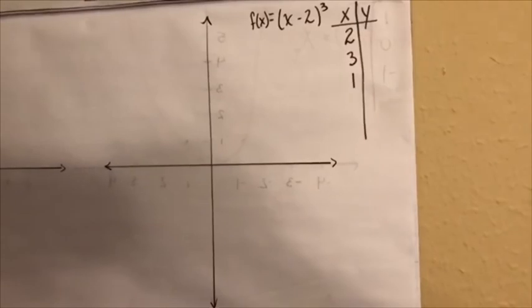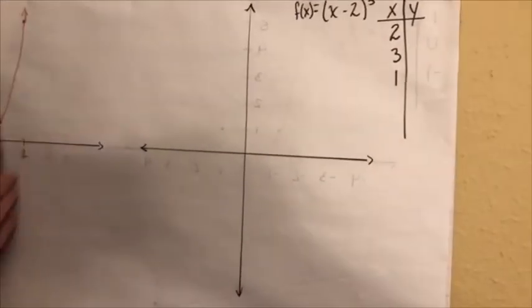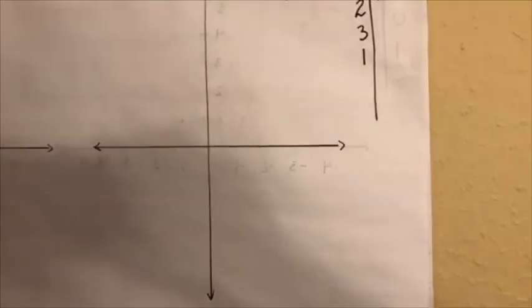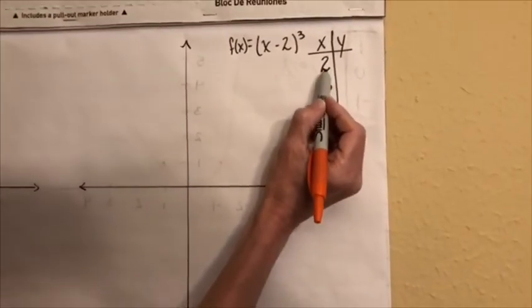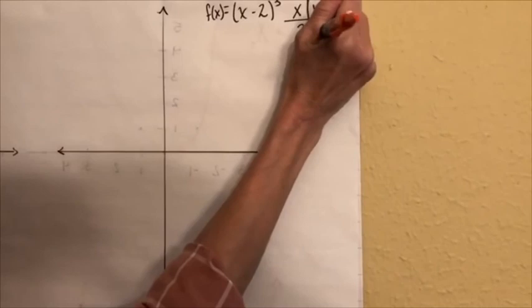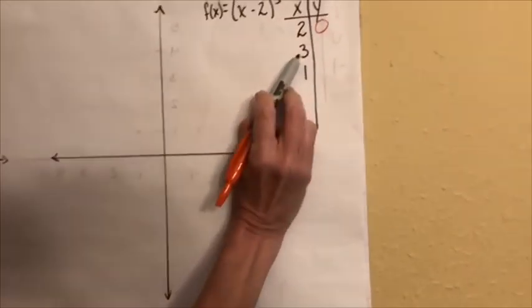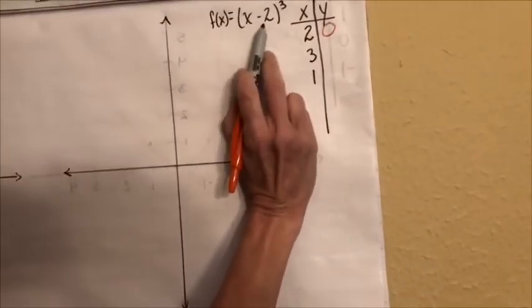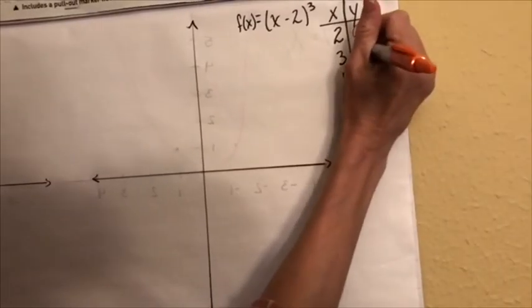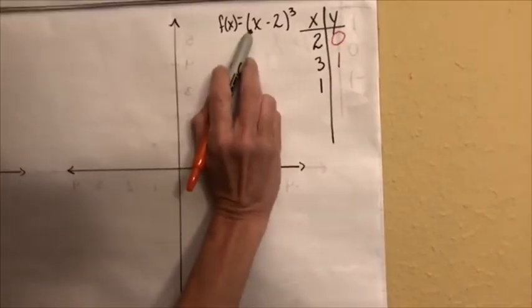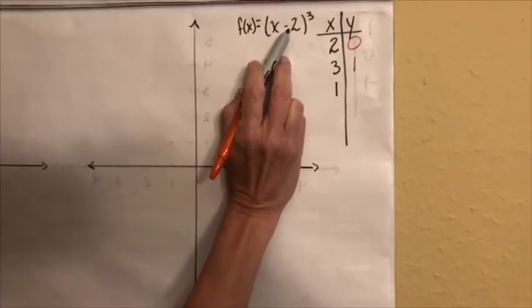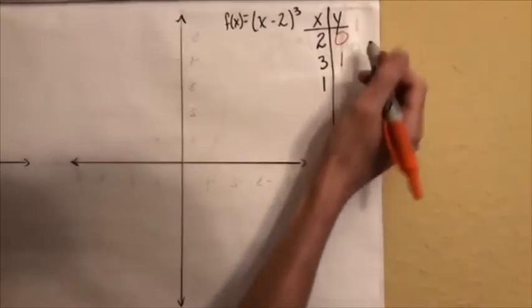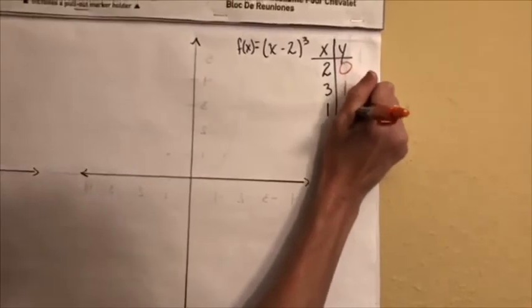We're going to have the same thing going on with this, except we're going to move this cubic function to the right, because when x is 2, y is 0. When x is 3, 3 minus 2 is 1. 1 cubed is 1. What about when x is 1? 1 minus 2 is negative 1. Negative 1 to the third power is negative 1.